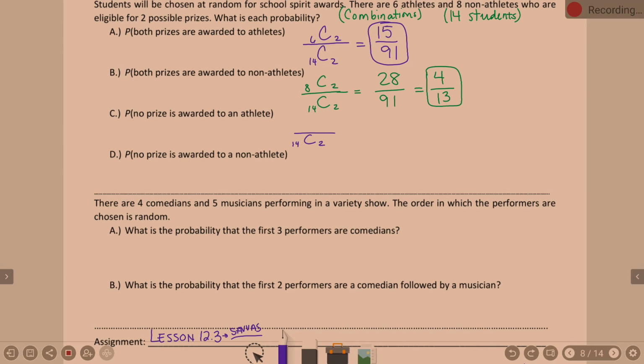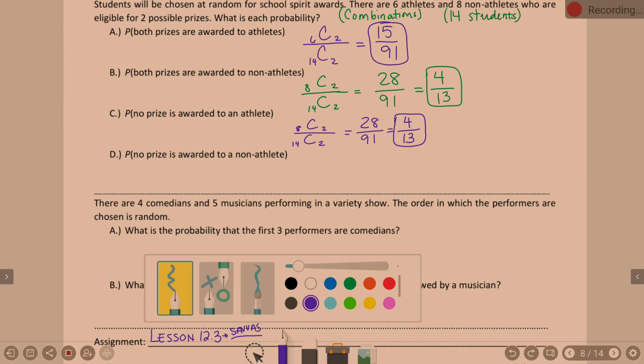Both prizes would be awarded to anyone but an athlete, right? And so the ones that are not athletes are the other ones. Didn't we just do this? 8C2 over 14C2? The answer's not going to change. Still 28 over 91, which is 4 over 13.